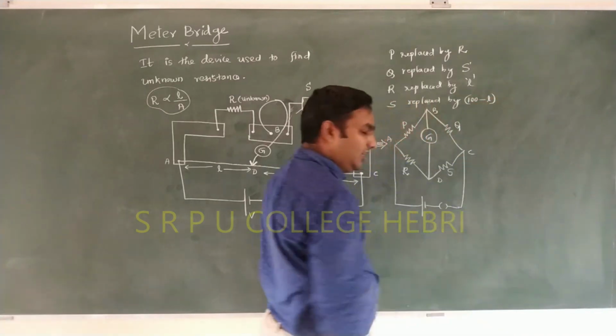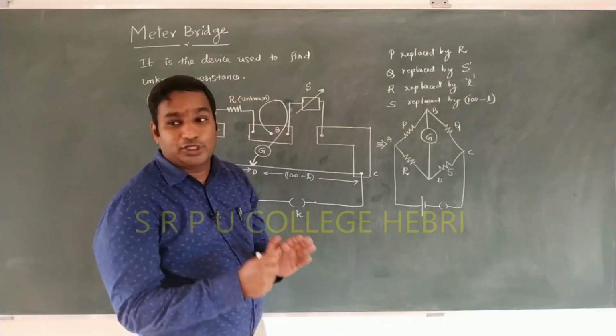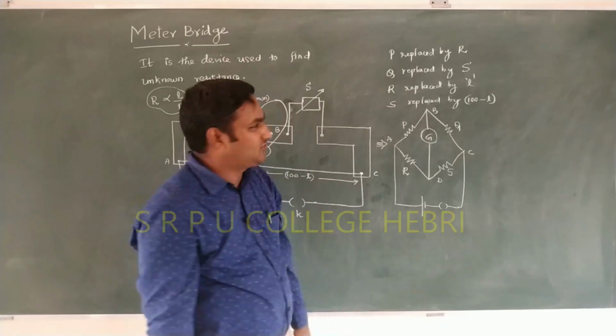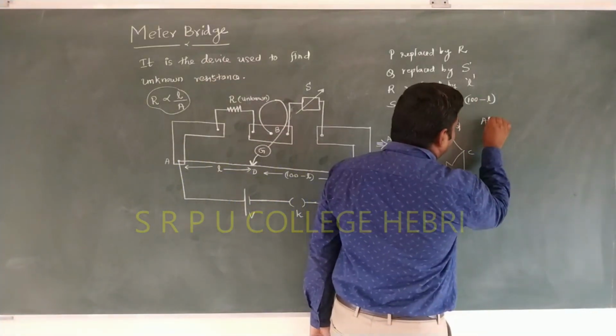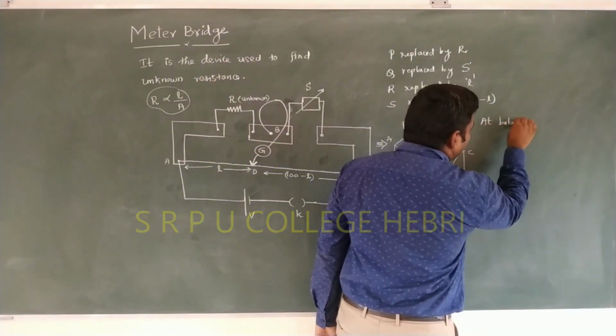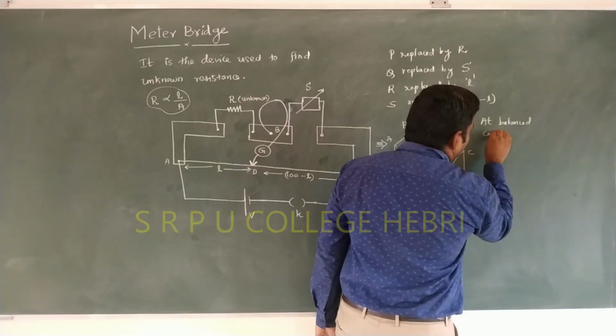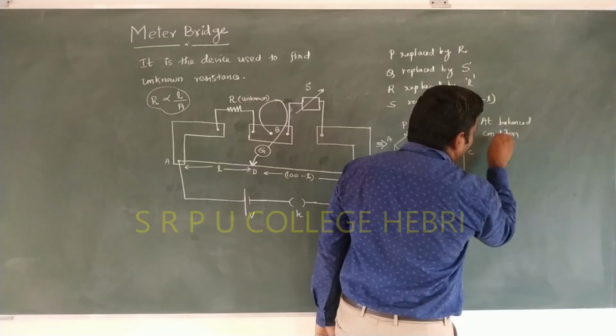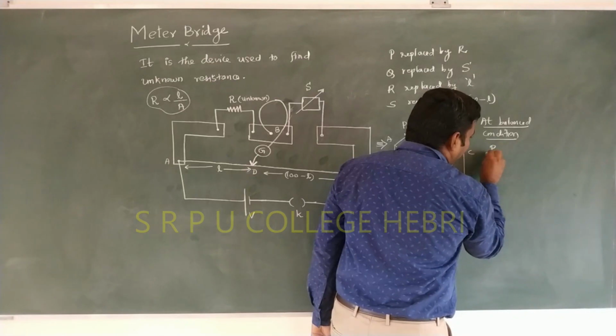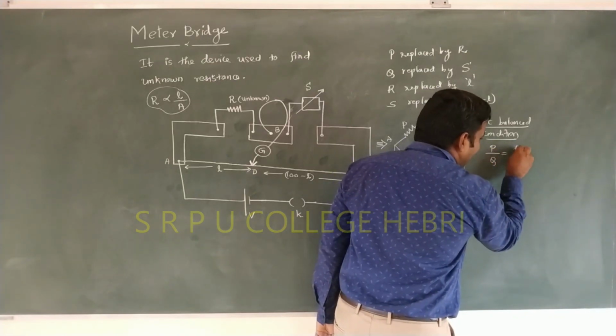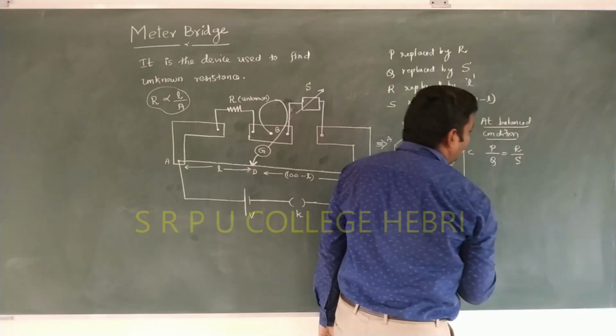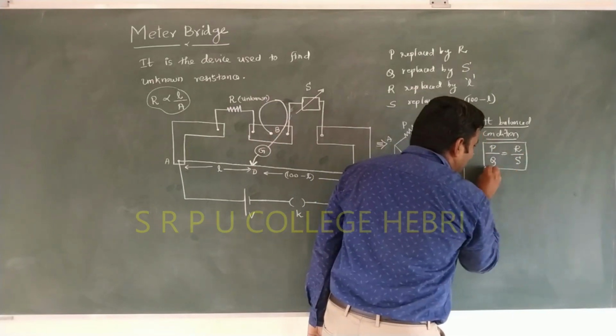Dear student, according to the Wheatstone bridge, under balanced condition, we got P by Q is equal to R by S, that you already learned under Wheatstone bridge.